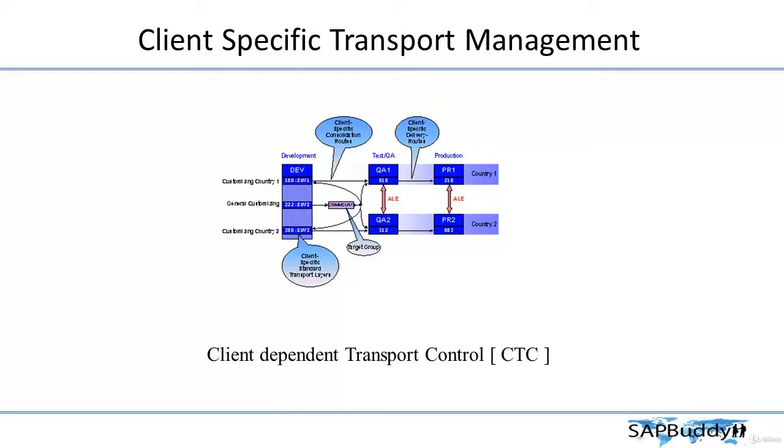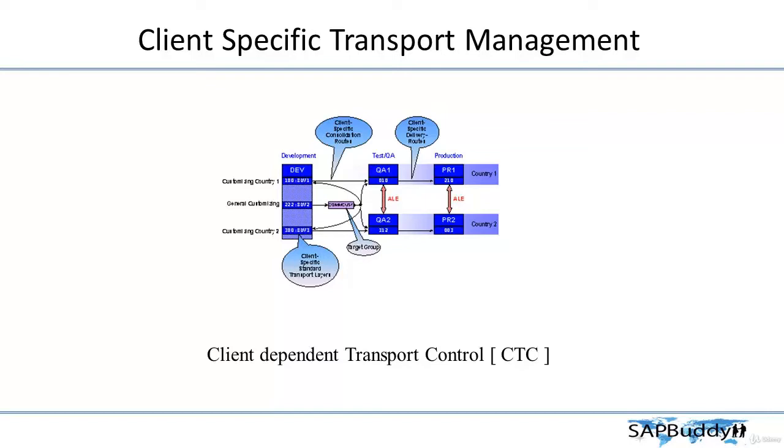Some of the SAP landscapes contain multiple clients. That's what we have seen in the development system as well as the quality assurance system. Maybe in the productive system also you may have more than one client.